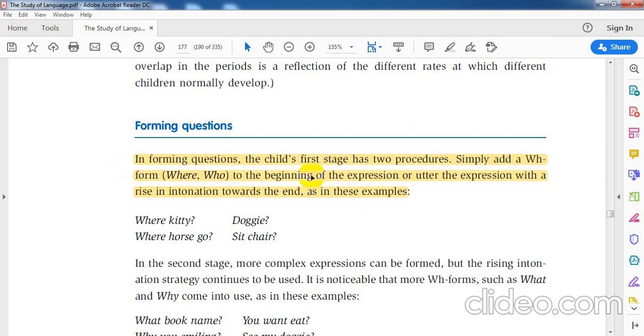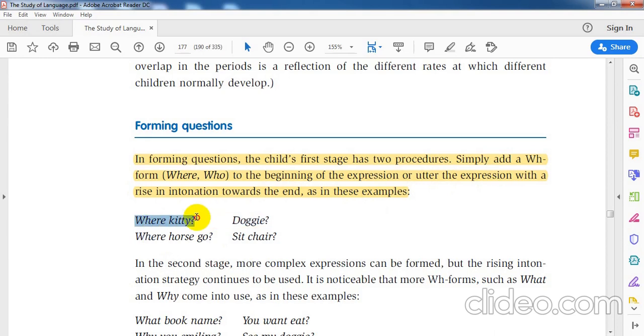The child's first stage has 2 procedures. Simply add a WH form. Still, we are talking about the first stage. The use of the where and who at the beginning of the expression, or utter the expression with a rise in intonation towards the end, as in these examples.